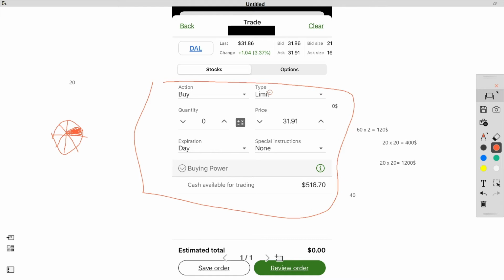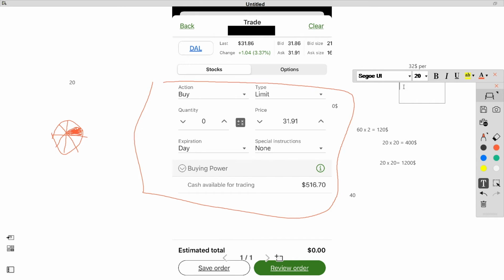So let's say the price of the stock is 32 currently right now, 32 per share, right? So we've got that. Now say we don't really want to buy at 32 per share.